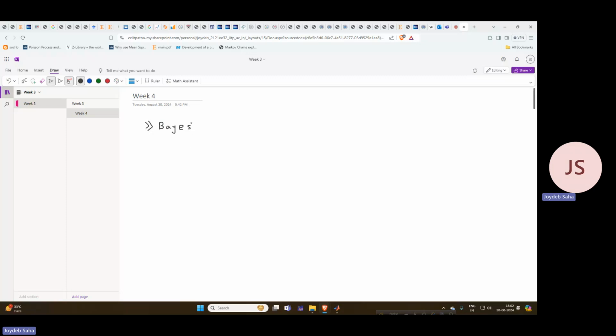So Bayes theorem. What is Bayes theorem?